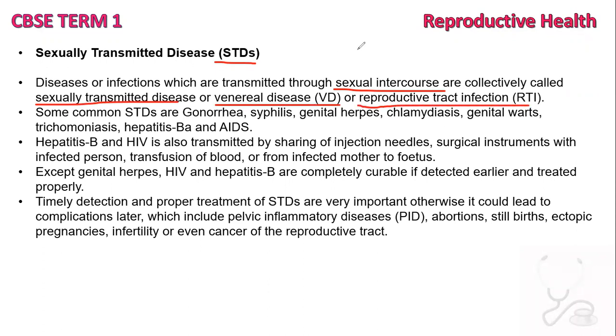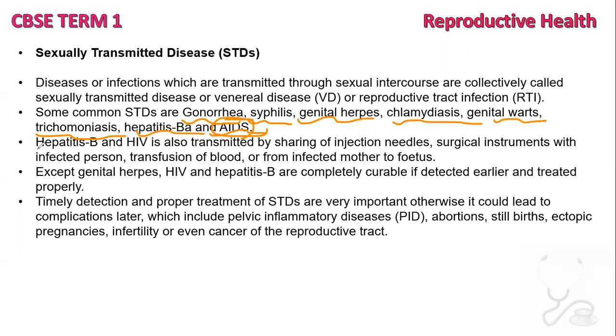Some of the common reproductive tract infections are gonorrhea, syphilis, genital herpes, chlamydiasis, genital warts, trichomoniasis, hepatitis B, and AIDS. You may be most familiar with this term as reproductive tract infection or venereal diseases.